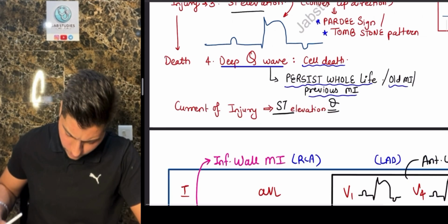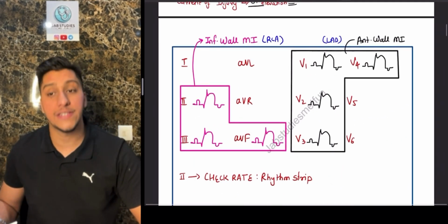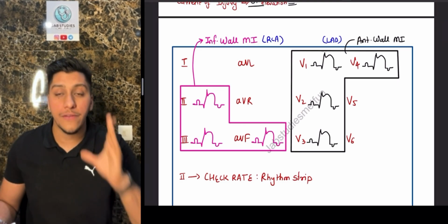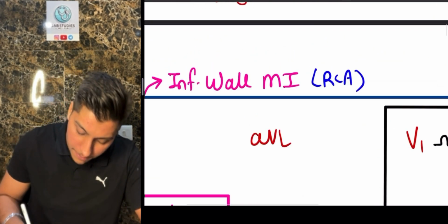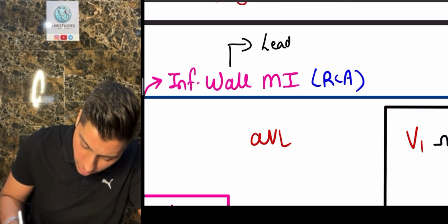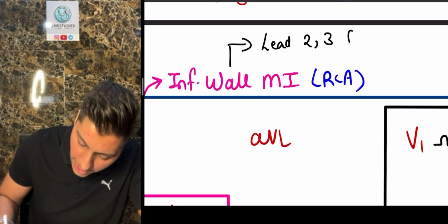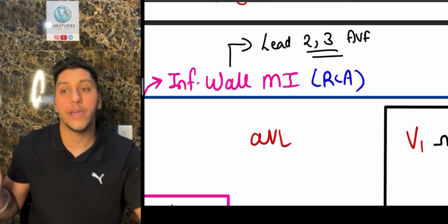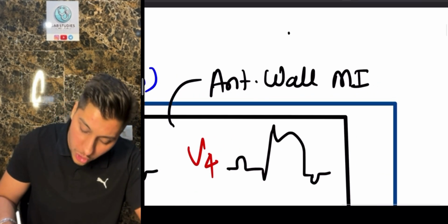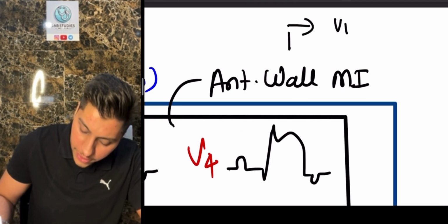Next, let us talk about the ECG findings with respect to what area of the heart is involved. In inferior wall MI, you see ST elevation and T wave inversions in leads 2, 3 and AVF. In anterior wall MI, you see changes in V1 to V4.